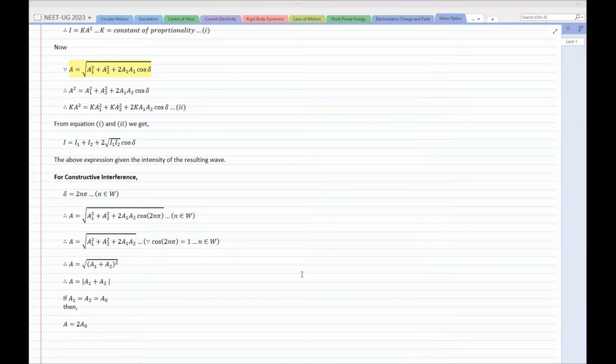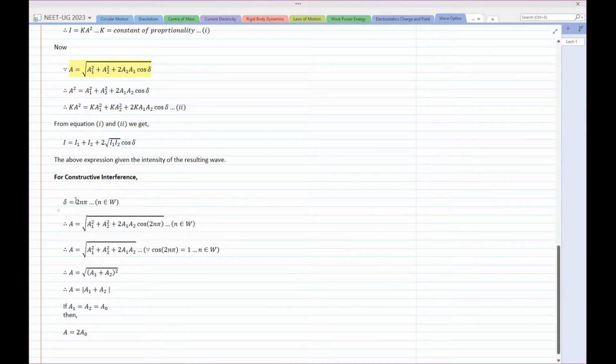Now can we find out intensity? This is the amplitude. This is the equation for amplitude. Can we find out intensity?